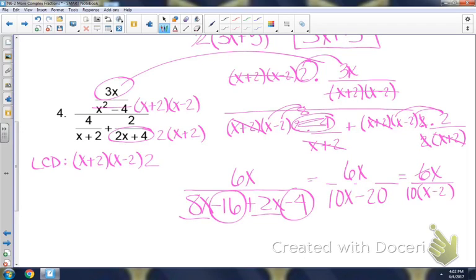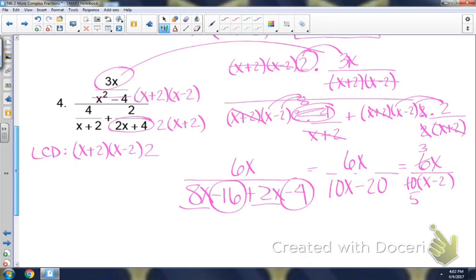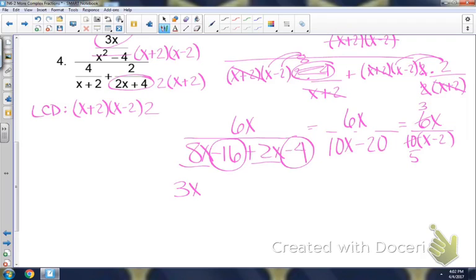So from here I'm reducing the 6 and 10. That's going to be 3 over 5. So that's 3x over 5 times x minus 2. And that would be my answer.